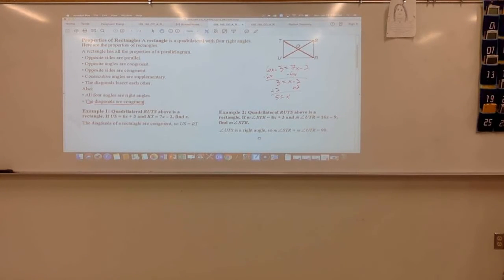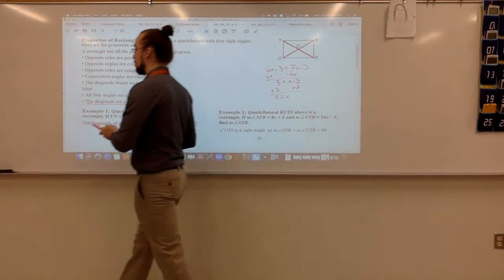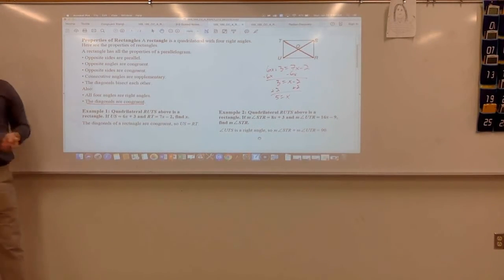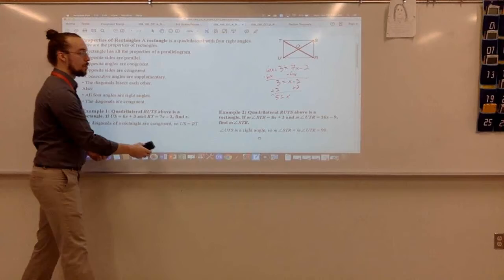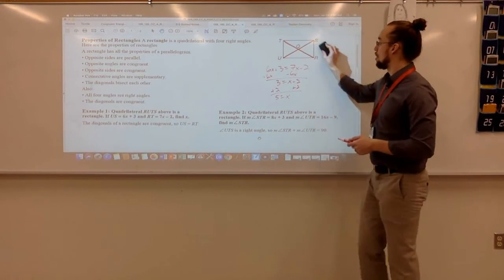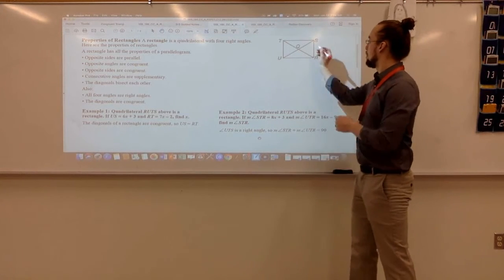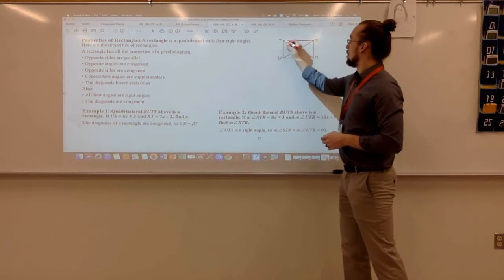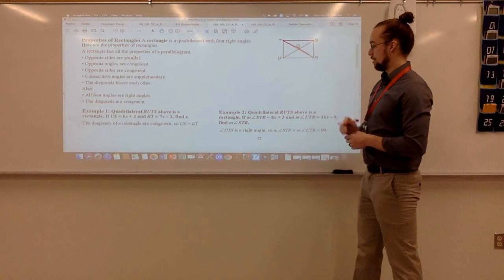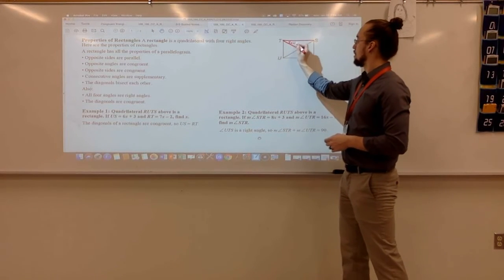In the other example, we're given some angle measures. We're again told that this quadrilateral is a rectangle. Now we're given some angles. It says angle STR, which is this angle right here, is 8x plus 3.